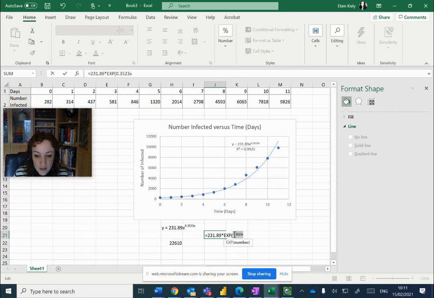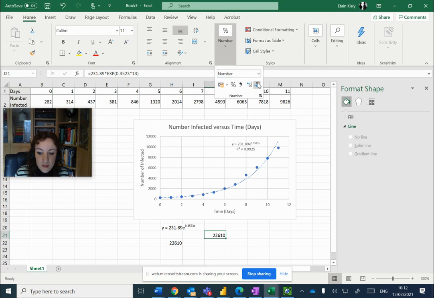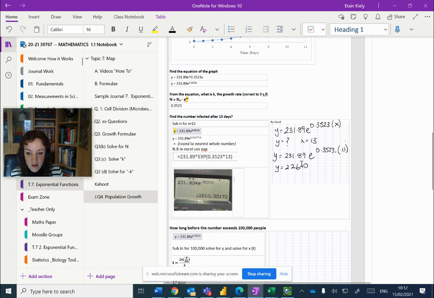The number we're putting in here is 0.3523 star, and then for x we're putting in 13. Again, this is giving us a decimal, and we're going to round it to the nearest whole number. So we can confirm that we're correct here with our answer of 22,610 people infected. So that's the Excel way of doing it, and this is the calculator way of doing it.